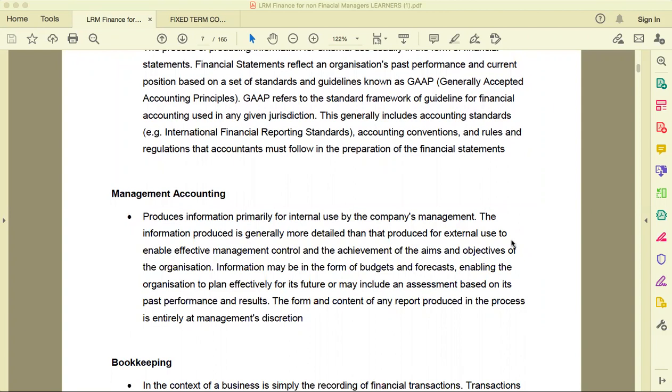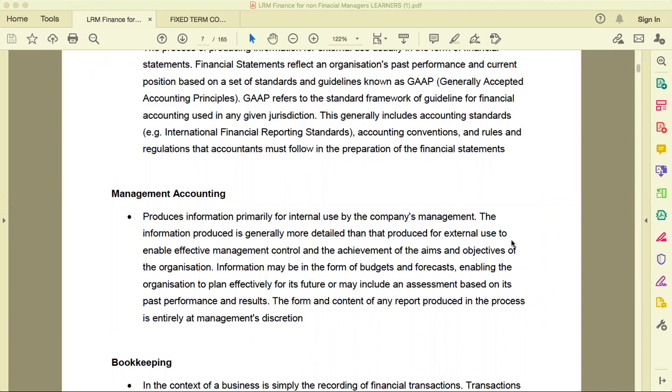then trying to work out how we have done as a business. So operationally, we need to use the information we have received and make better management decisions. So management accounting is taking the financial accounting, analyzing it, looking at the data, and using that data to make better decisions for the business going forward.